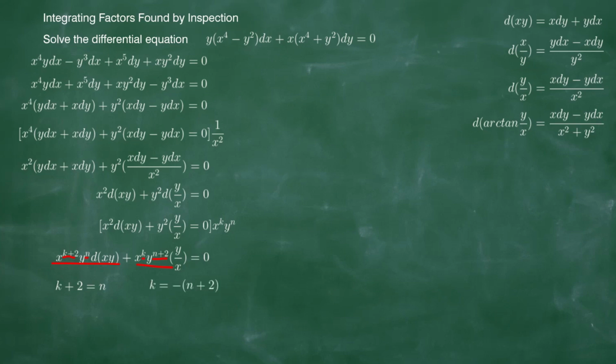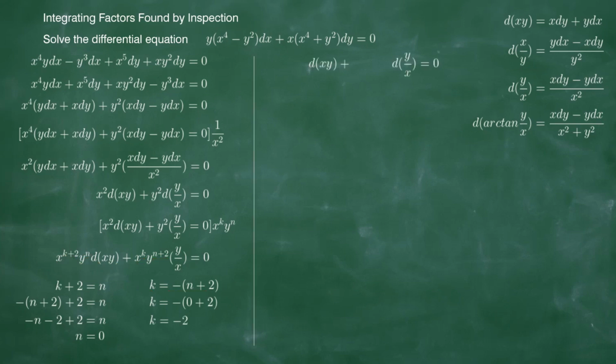We substitute this k here, and we get negative n plus 2 equals n, and that's negative n minus 2 plus 2, which will give us n equals 0, because negative 2 plus 2 is 0, so n is 0. With n equals 0, then k equals negative 0 plus 2, and k is equal to negative 2.